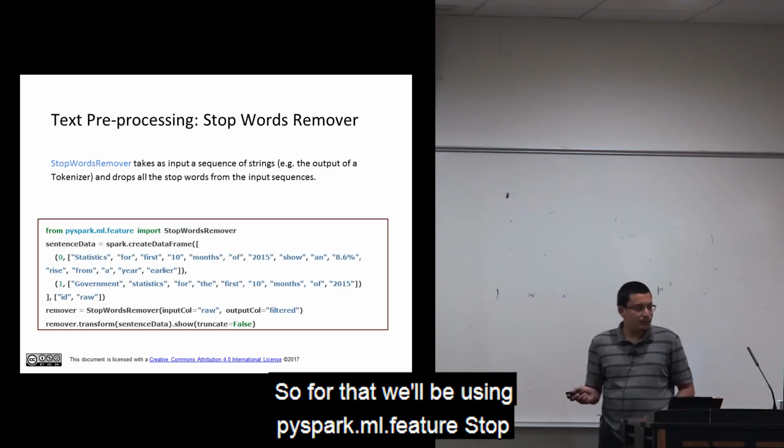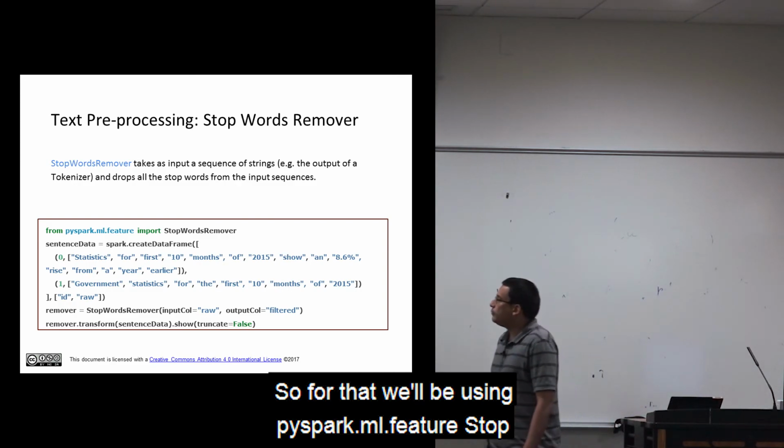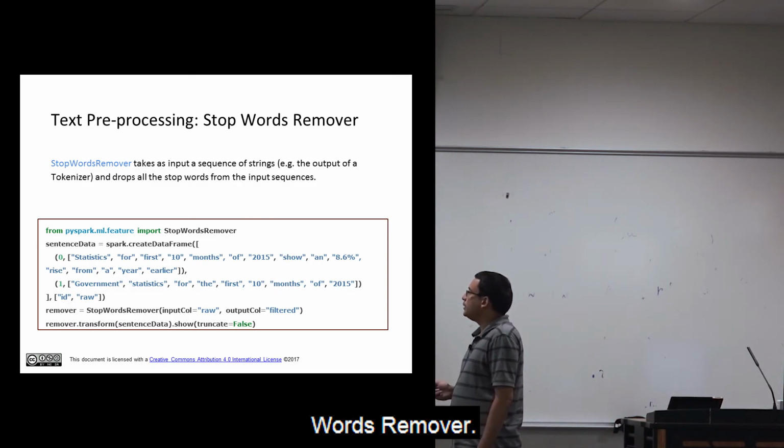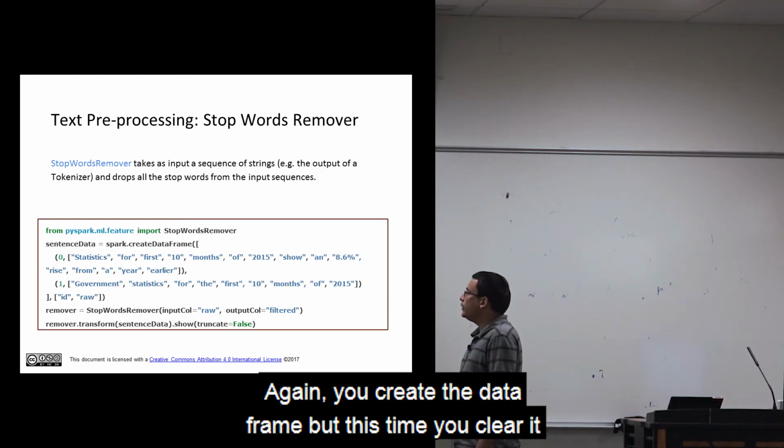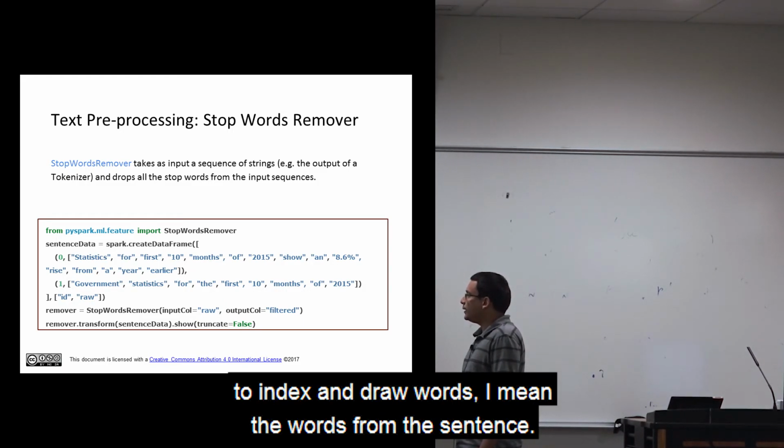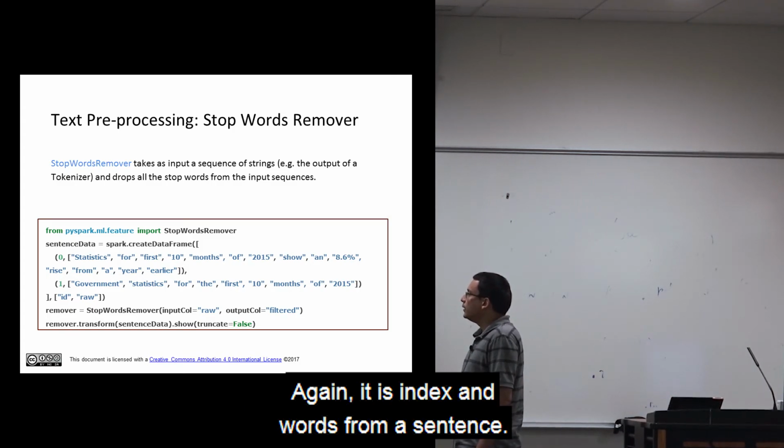For that we will be using PySpark ML.feature StopWordsRemover. Again you create the data frame, but this time you create it with an index and raw words, I mean the words from the sentence. Again it is an index and words from a sentence.